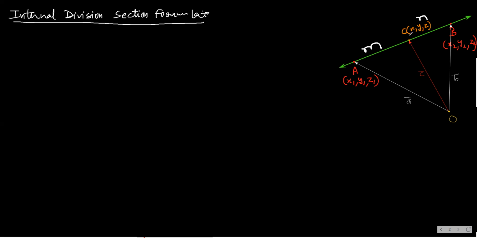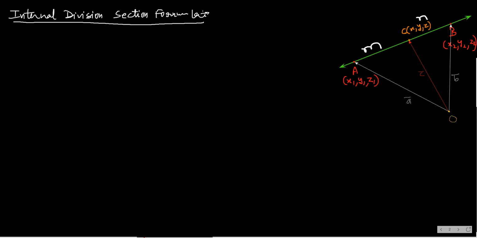We will find the coordinates of point C, the point of division, and also the position vector C bar in terms of A bar and B bar.